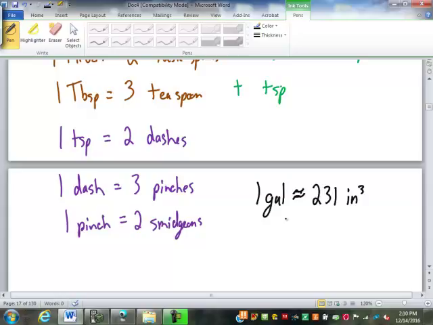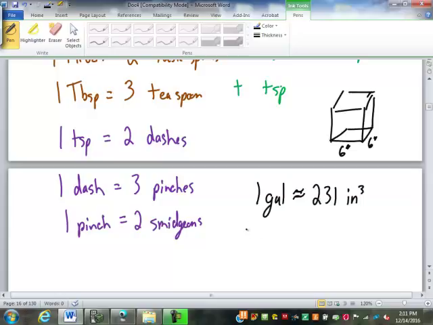Now that sounds like a lot of cubic inches, but if you think of a gallon milk jug, you're looking at about 6 inches by 6 inches. That's 36 square inches right there. About 7 inches high would put you over 231 cubic inches. So that is about right.